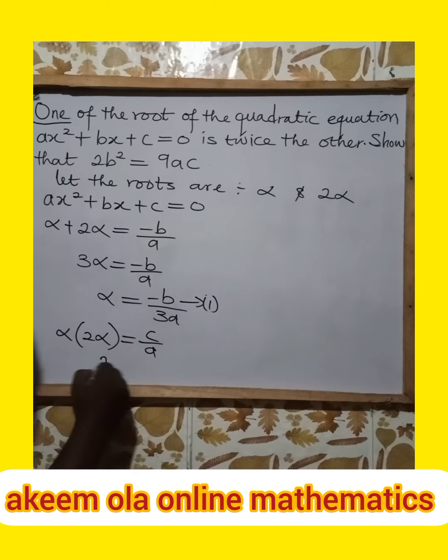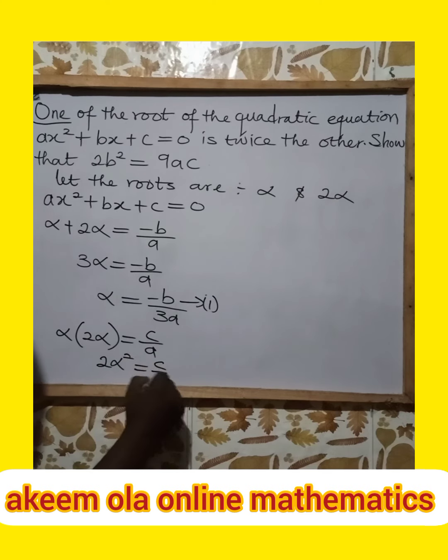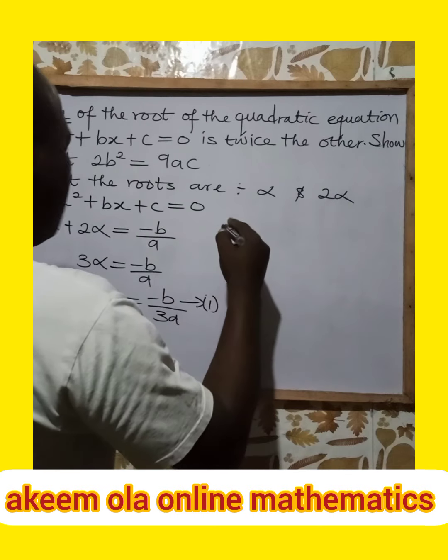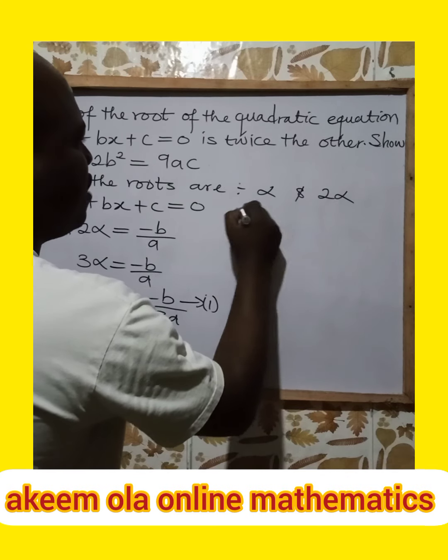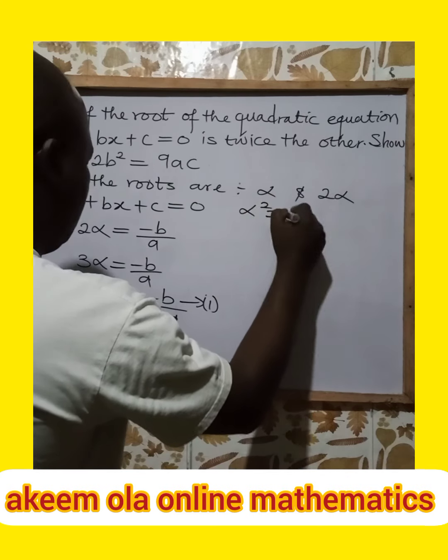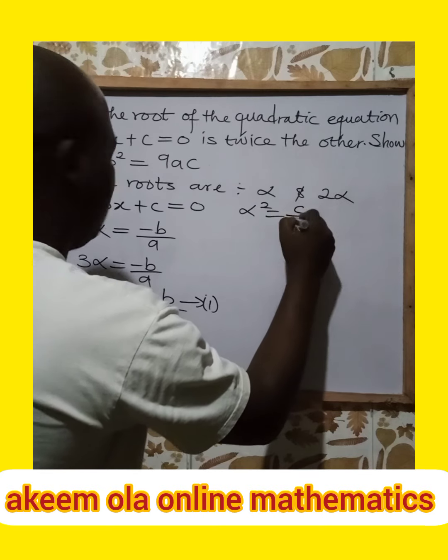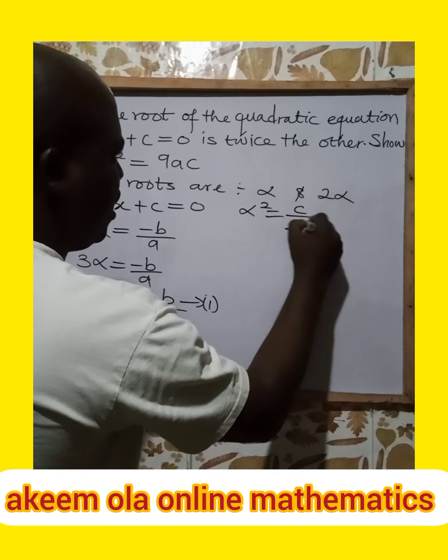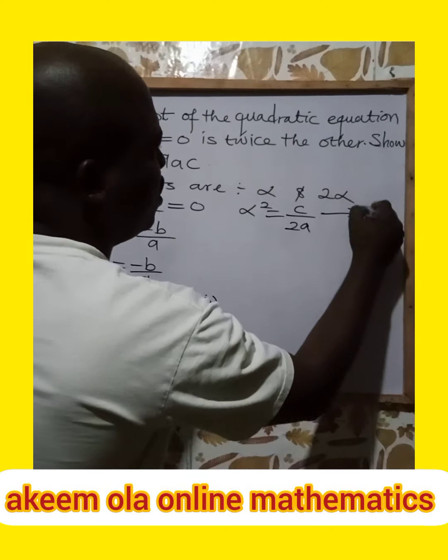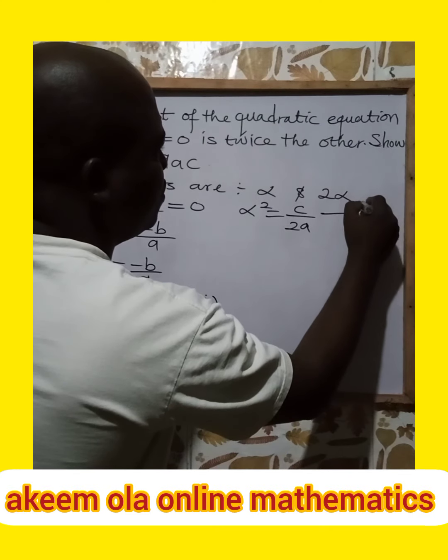That means we have 2 alpha squared is equal to c all over a. From here too, we can make alpha squared the subject of the formula. Making alpha squared the subject, we have alpha squared is equal to c all over 2a. So I can call this equation 2.